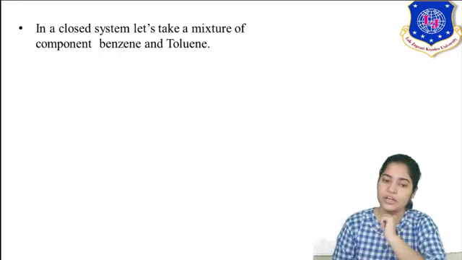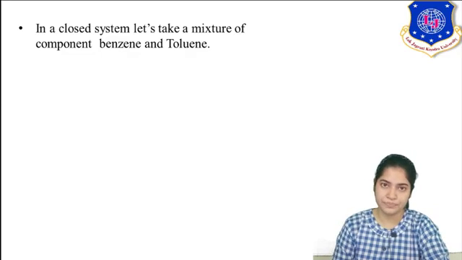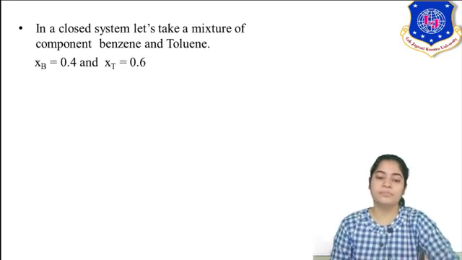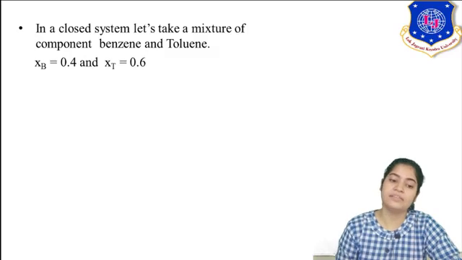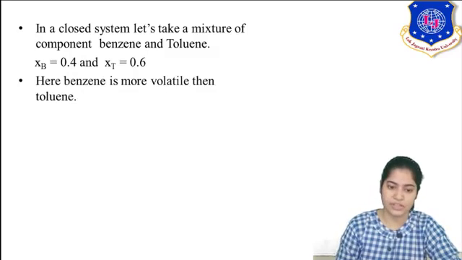Now here we are talking about a closed system. So note the point, first of all, the discussion is about a closed system. We are taking a mixture of benzene and toluene. For this mixture, I am defining that my liquid phase composition of benzene is 0.4 and that of toluene is 0.6.